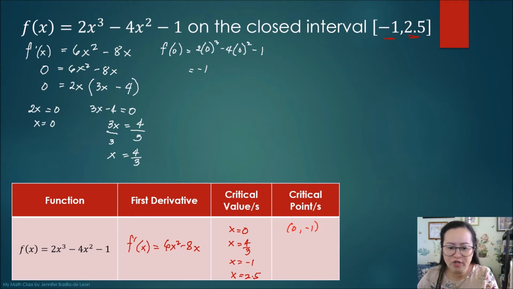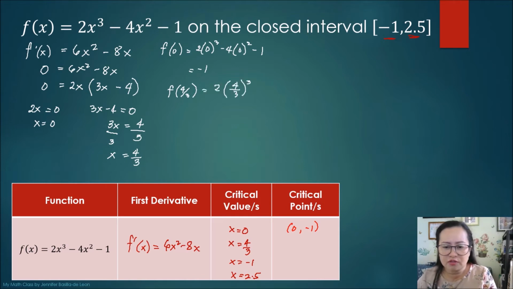Now for 4/3, we will have f of 4/3: 2 times 4/3 raised to the third power minus 4 times 4 over 3 raised to the second, minus 1. And then the cube of 4 is 64, and the cube of 3 is 27.